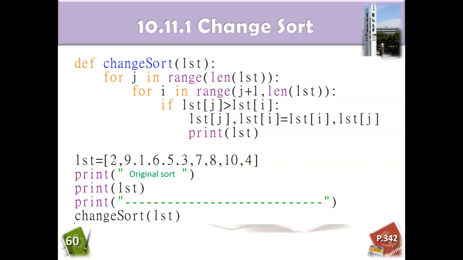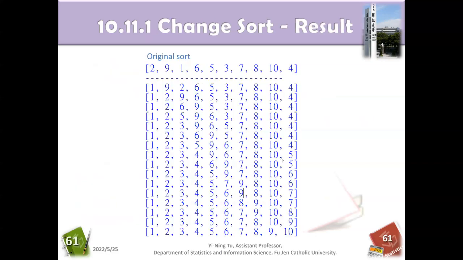Next we compare this position to this position. I want you to see this more clearly. The original is 2 9 1 6 5 3 7 8 10 4. Start small from large: 2 is not smaller than 9, so it does not exchange.